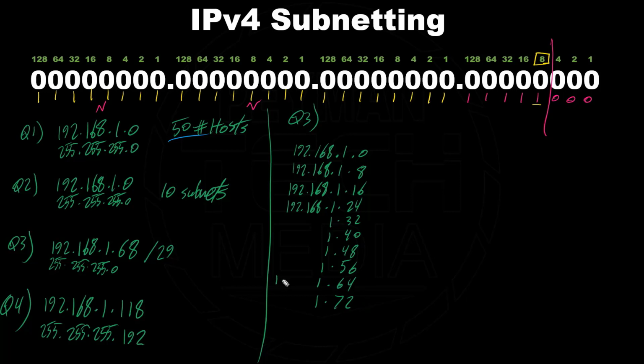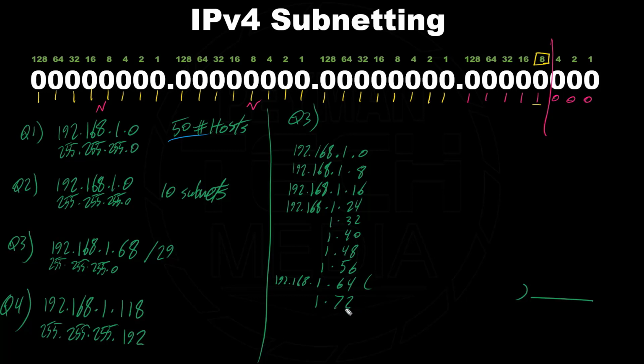So let's write down 192.168.1.64. And then let's write down the broadcast address for this subnetwork. I always say this: the easiest way to find the broadcast address is to find the next subnet first. The broadcast address is one less than the next subnet.